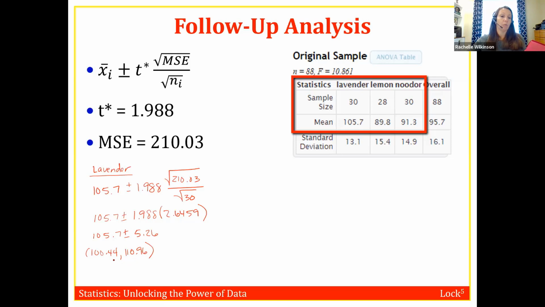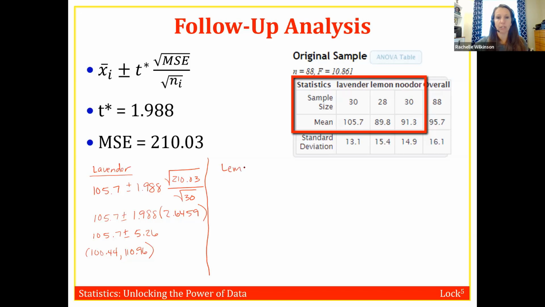So we would say we are 95% confident that the mean time spent in the restaurant with lavender odor present is between 100.44 minutes and 110.96 minutes. So that is 1 out of 3 confidence intervals that I need to do. Now I need to do it for lemon and also for no odor.